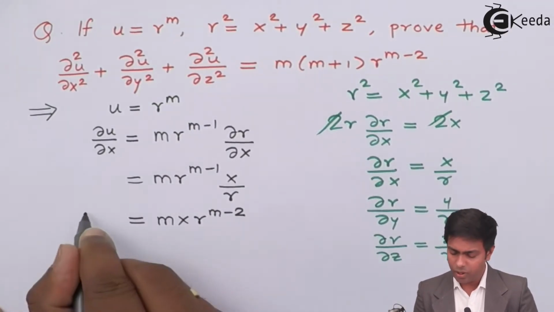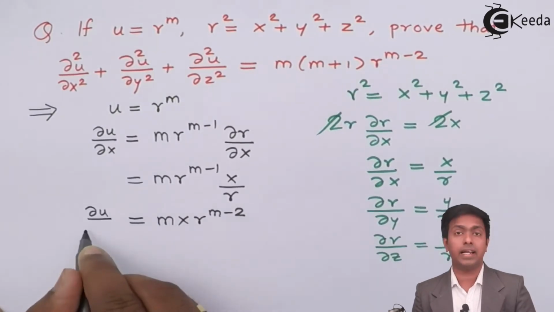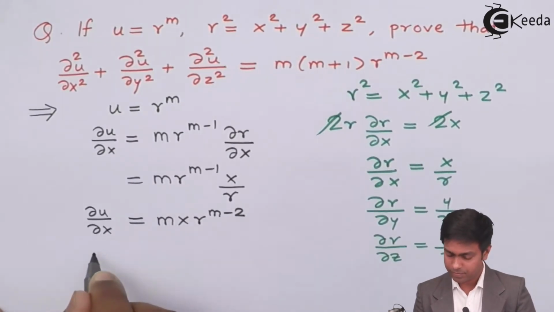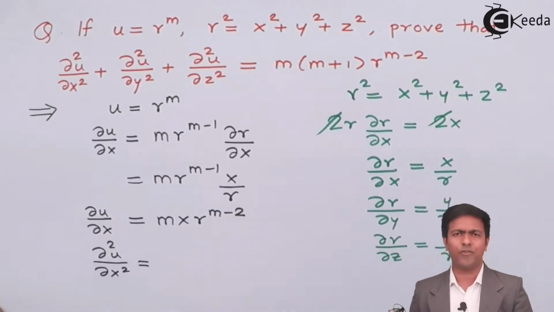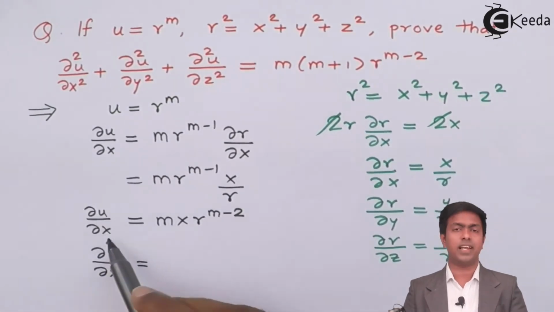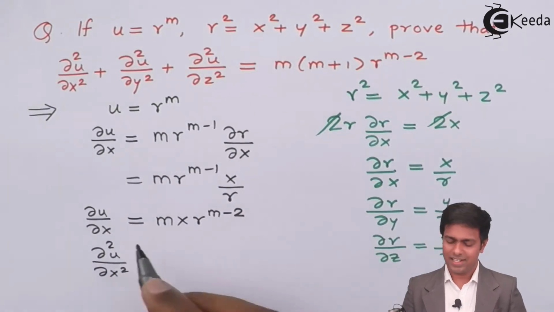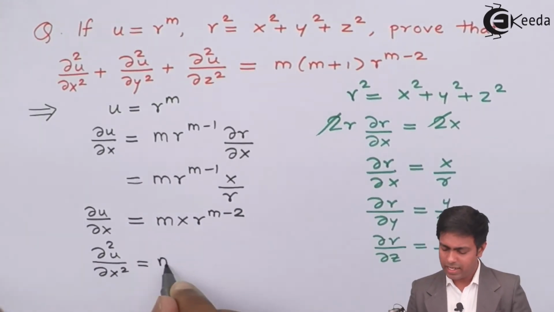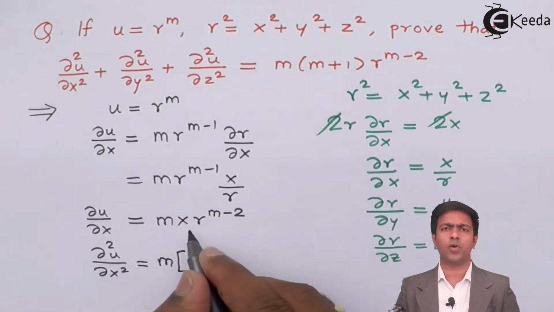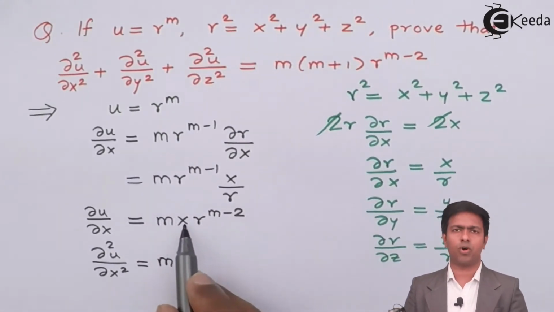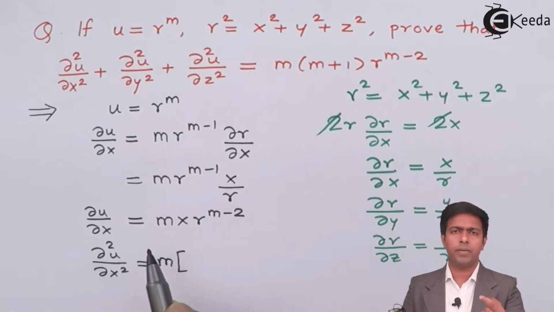Now let's find out del square u by del x square. So guys, now for this we have to differentiate this del u by del x once again with respect to x. So m is a constant outside, and here for these two terms we have to apply the product rule of derivative, because both terms or both functions have variable x.